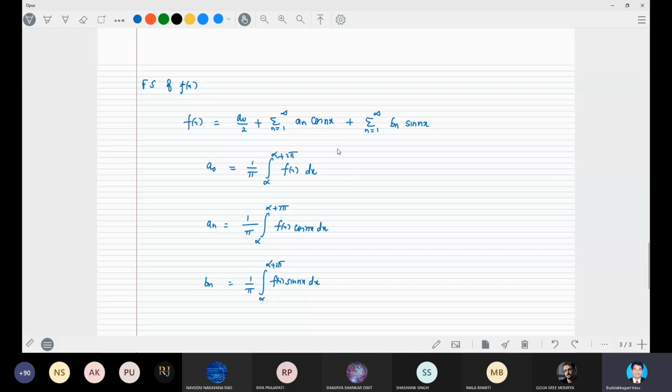Where x belongs to the interval alpha to alpha plus 2 pi.